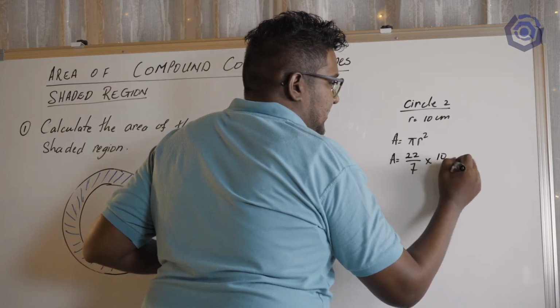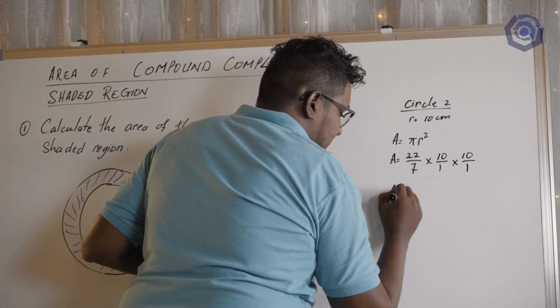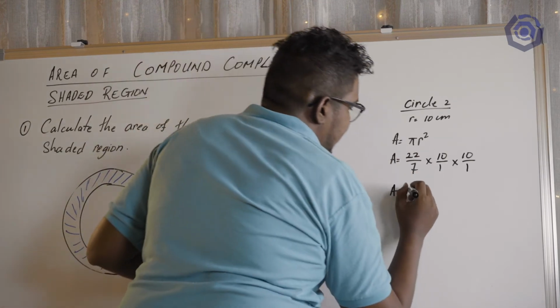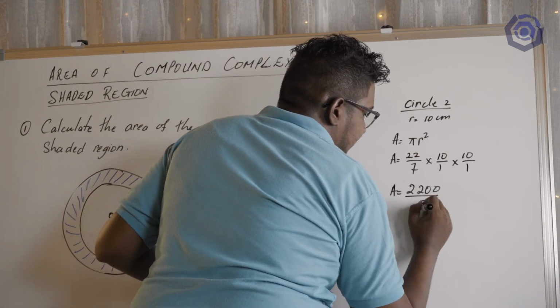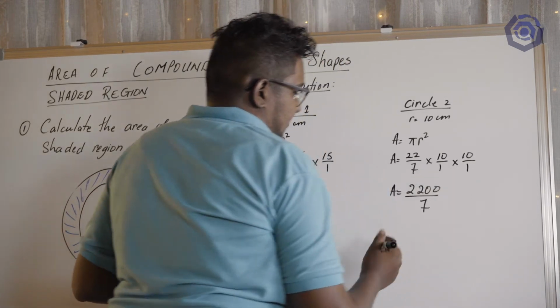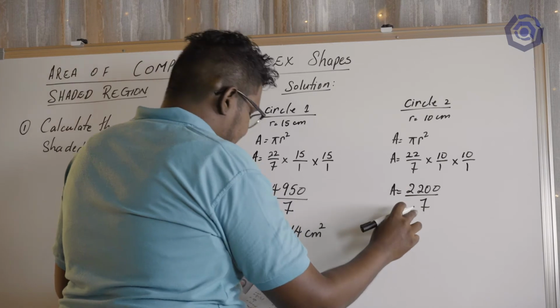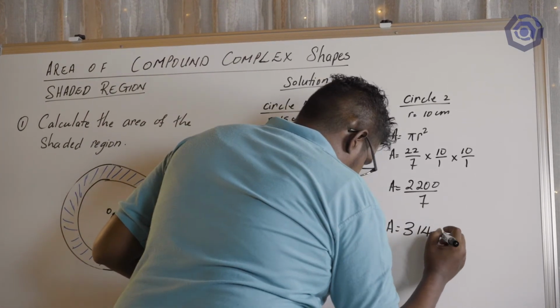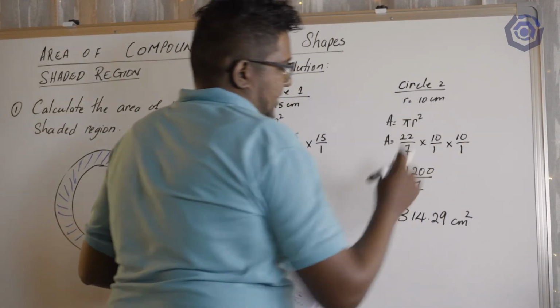That would be 10 times 10. And we put them over 1 to make them into fractions. A is equal to 22 times 10 times 10, and that's going to give me 2,200 divided by 7 times 1 times 1, which is going to give me 7. Dividing 2,200 by 7, that's going to give me 314.29 cm squared.